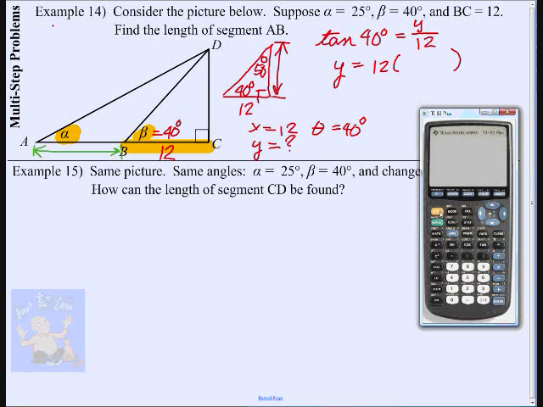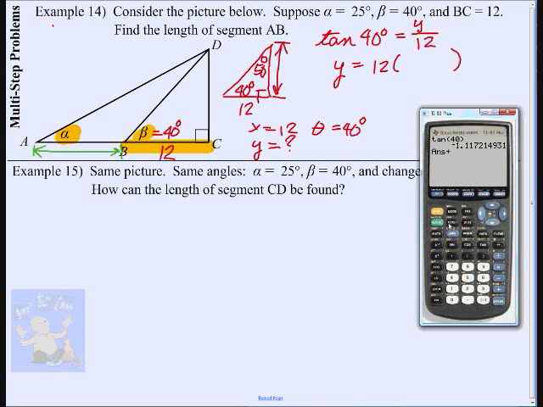Now usually when I start up, my mode is radians, and yes, indeed it is. So we're going to change that over to degree. And now I'm going to say tangent of 40, which is equal to negative.